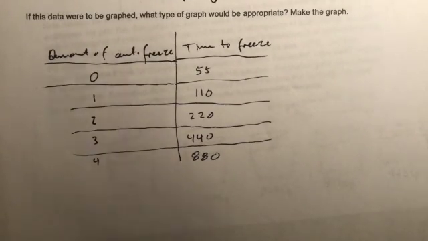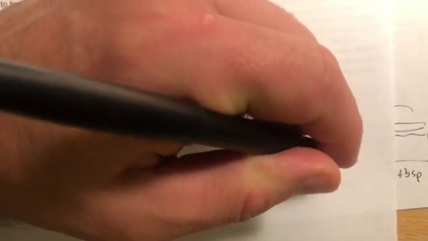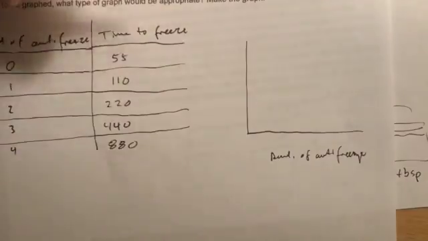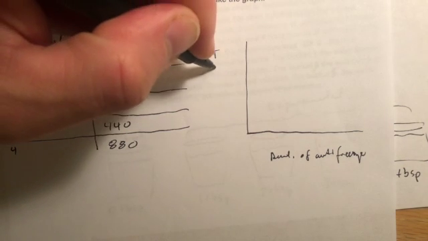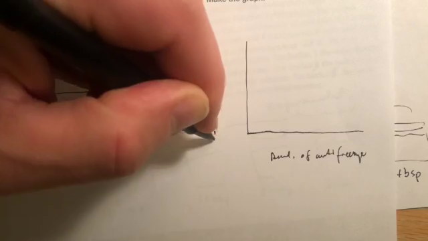And then if I make a graph of that, my independent variable goes on the bottom. That is the amount of antifreeze. The side is time to freeze. A good scale here, 0 to 4.